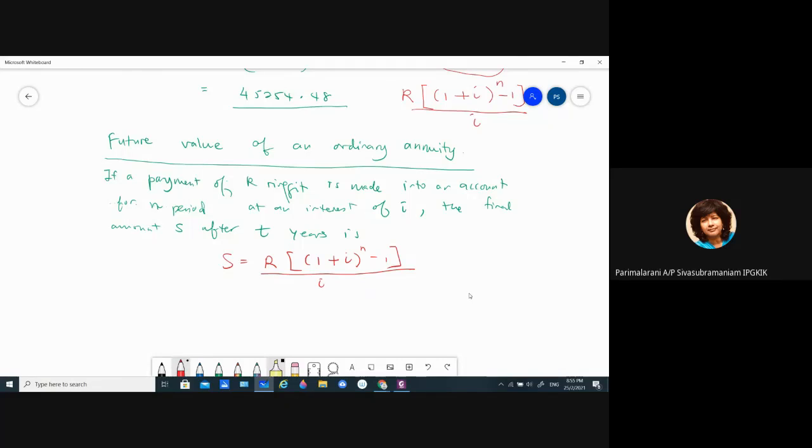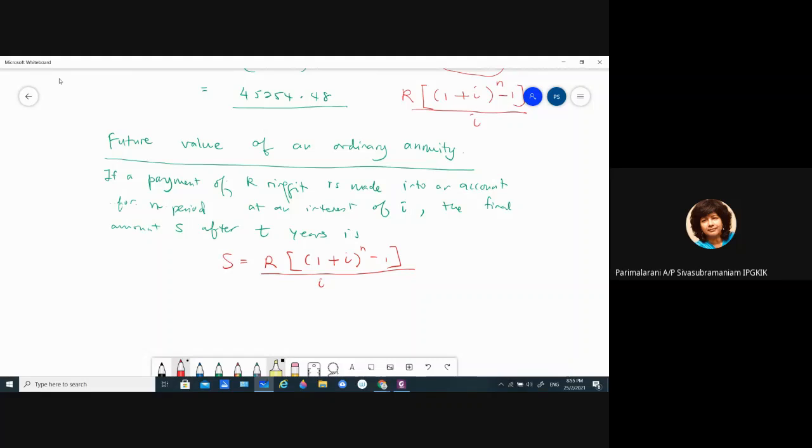If you remember, this is the same formula that you used for your sinking fund, the accumulated value for the sinking fund, because the sinking fund is actually an ordinary annuity. So that's why the formula is exactly the same. This is what we use to calculate the accumulated value for an ordinary annuity.